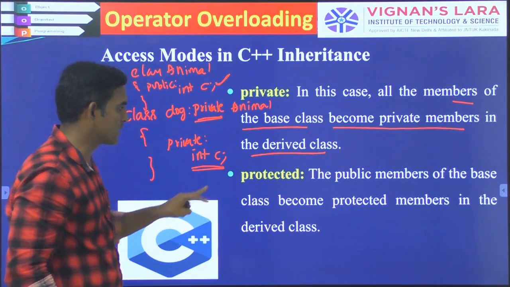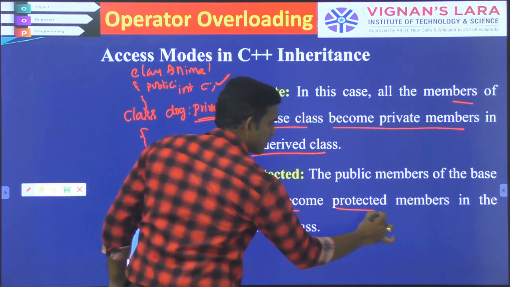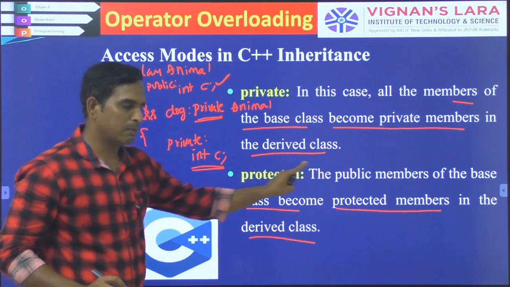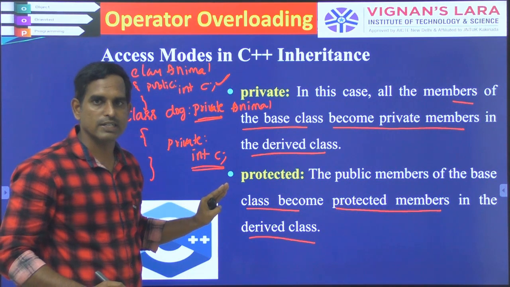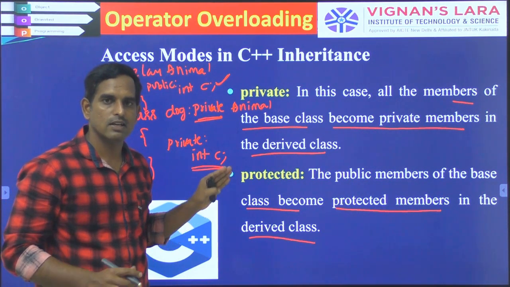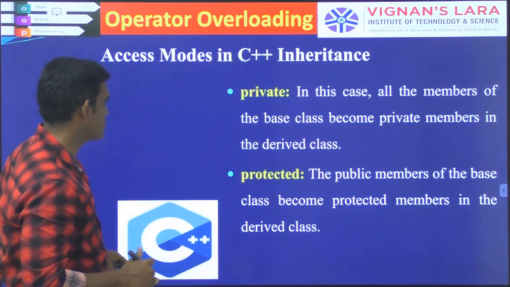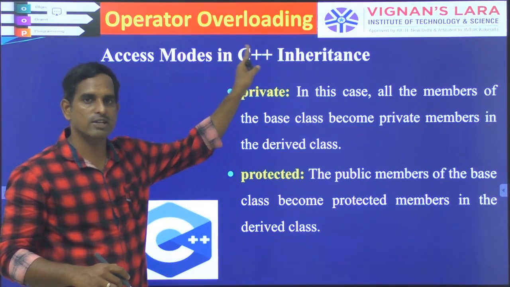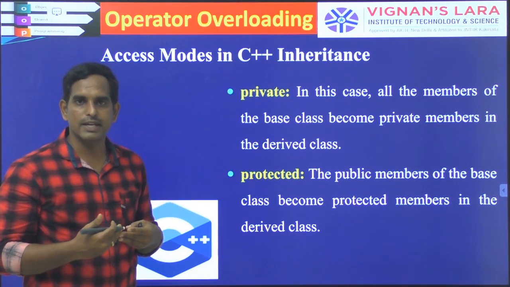When you come to protected, the public members of the base class become protected members in the derived class. Whatever public members you have in your base class, they will become protected members in your derived class. That is about protected. So based upon the access modifier you are using in your C++ inheritance, the particular data members will be inherited.